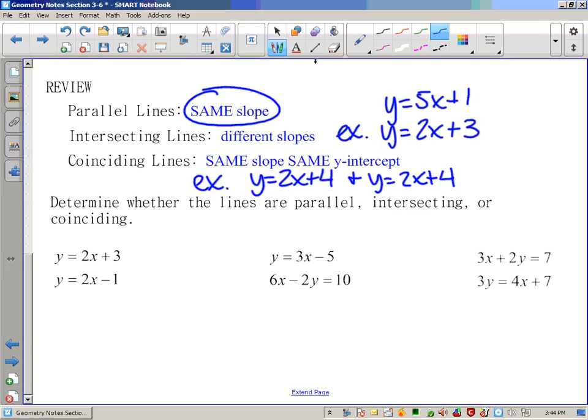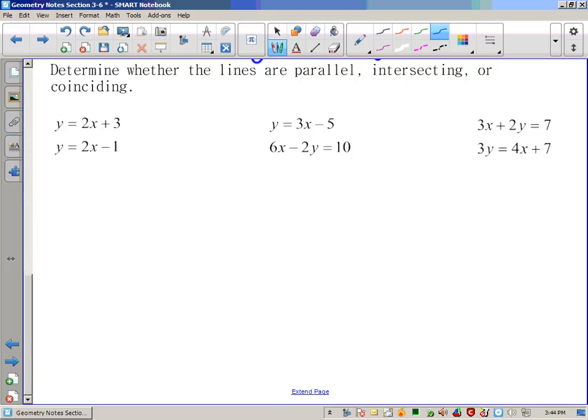Now with all of these, the easiest way to determine which one of these three it is if we get the equation in y equals mx plus b first. This first one is already in y equals mx plus b, so I can compare the slopes. They are exactly the same, so they would be parallel.